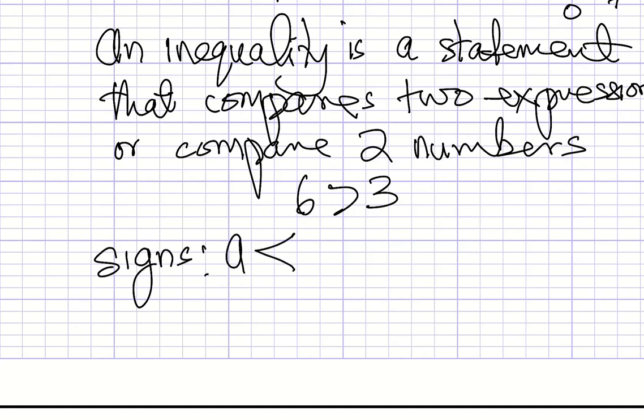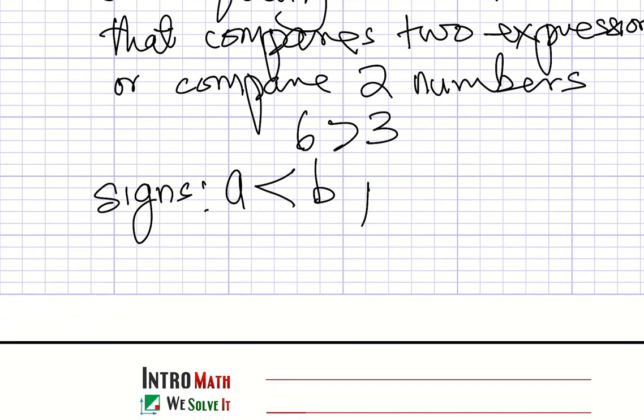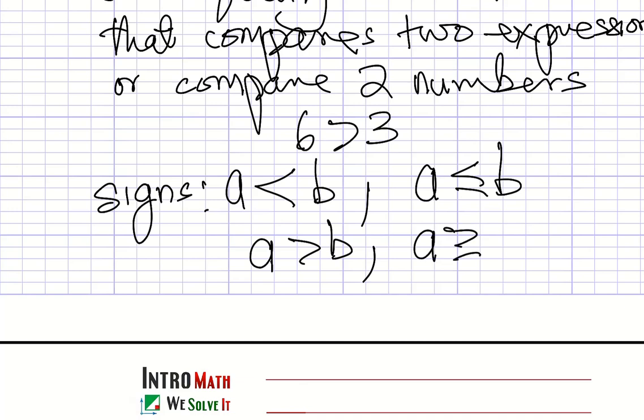A is less than B. Or they can say A is less than or equal to B. Or they can say A is greater than B. Or they can say A is greater than or equal to B. These are all signs of inequality. That's what they use to represent inequality. Let me give you some examples.